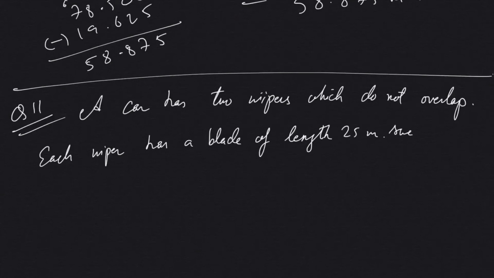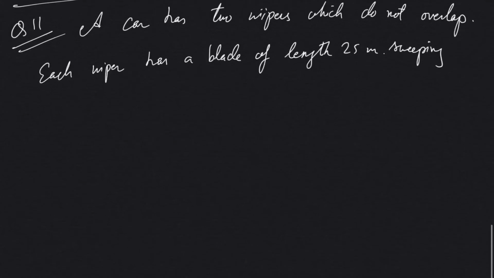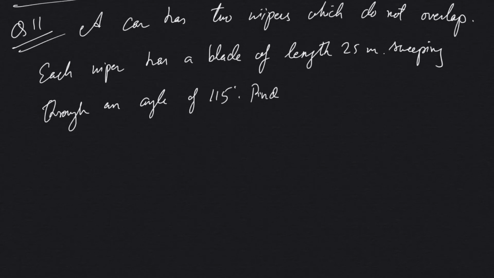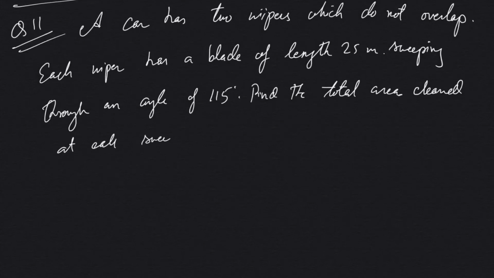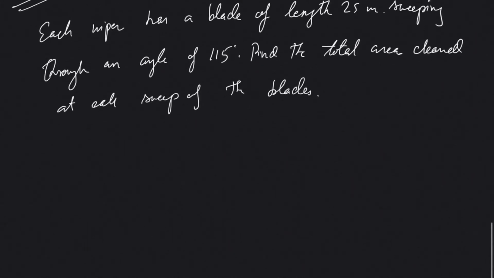A blade of length 25 centimeter sweeping through an angle of 115 degree. Find the total area cleaned at each sweep of the blades. So the question is clear.